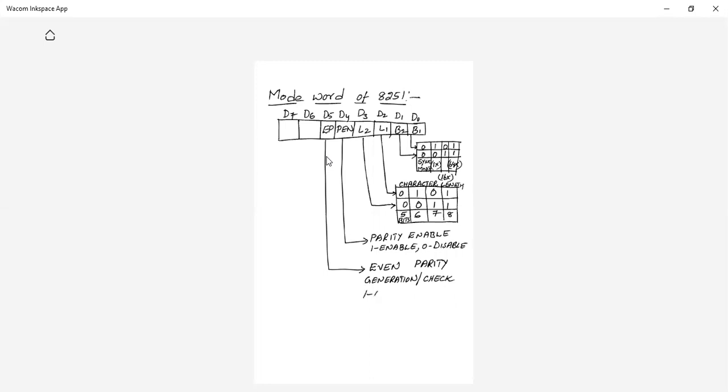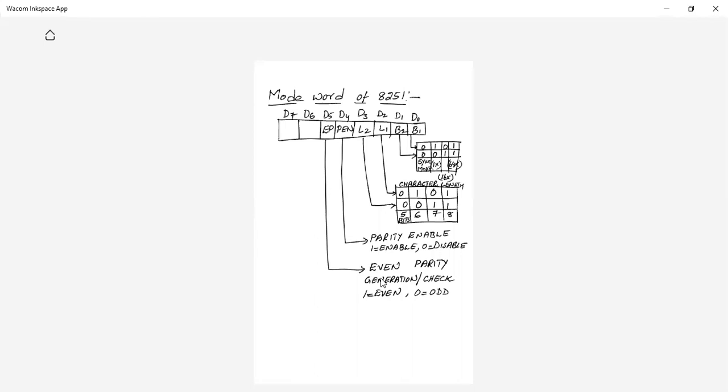One for even, 0 for odd. So if you want to transmit the even parity bit, then you can use 1 here, such a way that the even parity bit is transmitted. And if you want to transmit the odd parity, then you can keep 0 here, such a way that the odd parity bit will be transmitted.